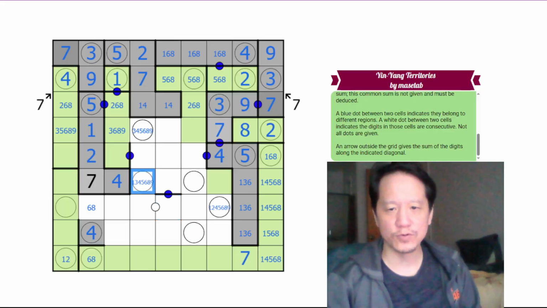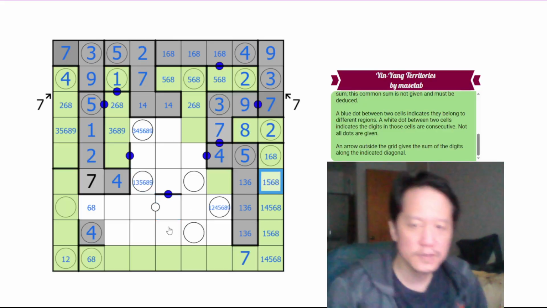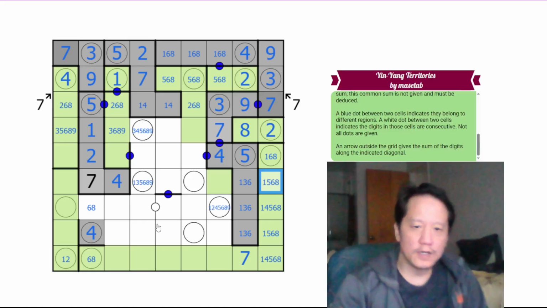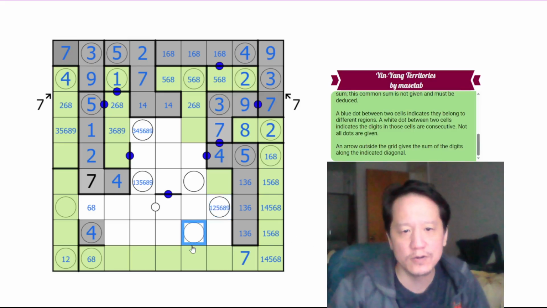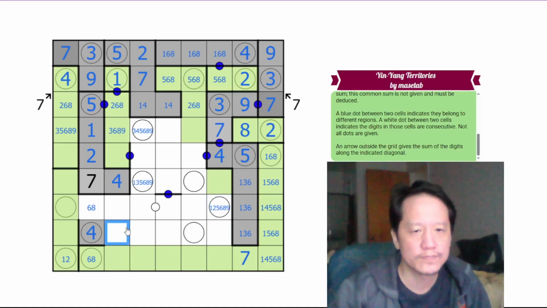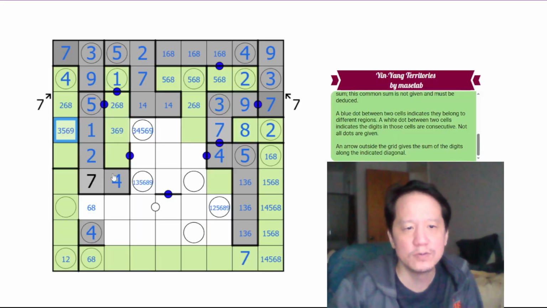That eliminates 4 in the rest of the row. This 4 eliminates 4 here. This 8 eliminates 8 in the rest of the row.